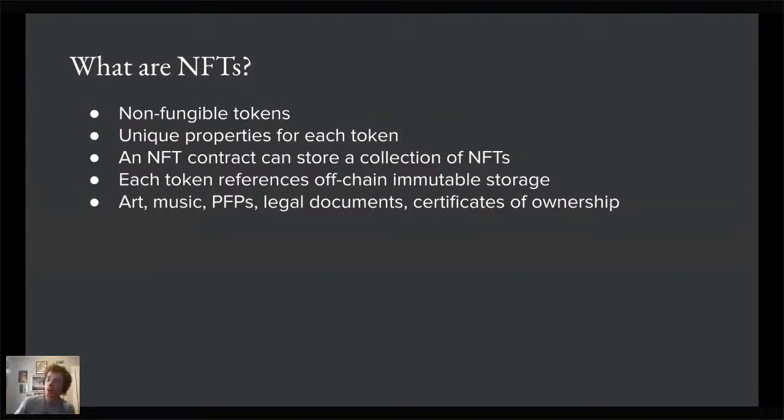Those are non-fungible token standards. ERC 20 is the fungible token standard. A lot of EVM chains are adopting these token standards because there's a lot of interoperability with them. But they're essentially just simple smart contracts that are deployed on chain.